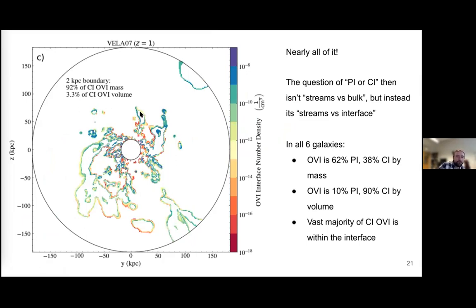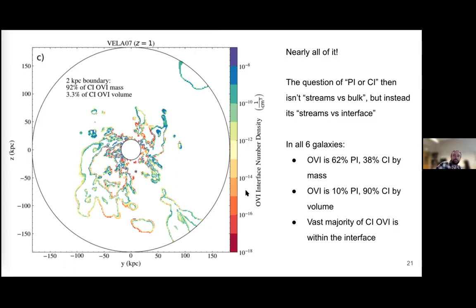The way we were able to analyze this was we tagged each interface cell by saying, if you are a collisionally ionized cell, but you're within a certain distance, here 2 kiloparsecs, of a photoionized cell, then you're the outside of a photoionized cloud. When you look at those cells in particular, you see that about 90% of the oxygen 6 that was collisionally ionized is inside this tiny interface layer.